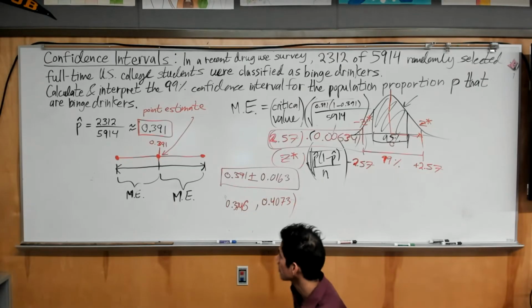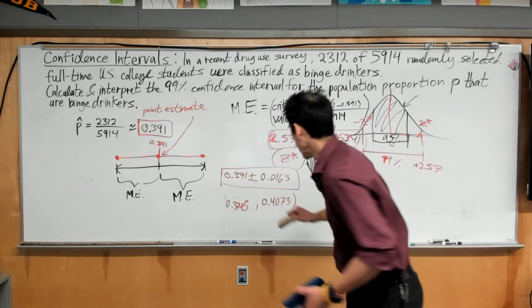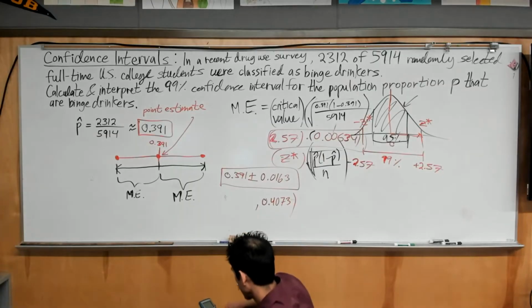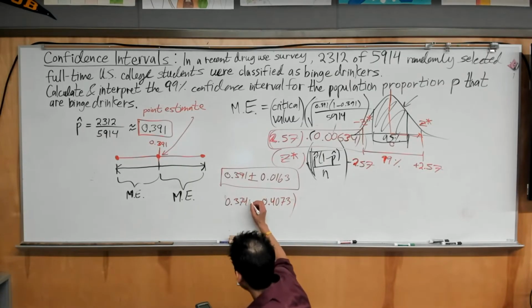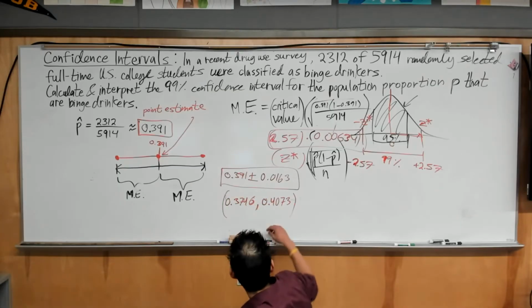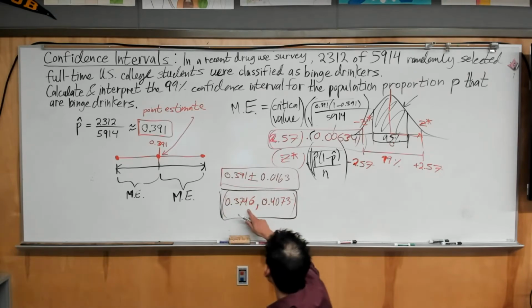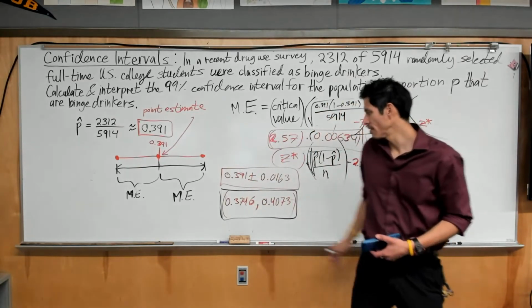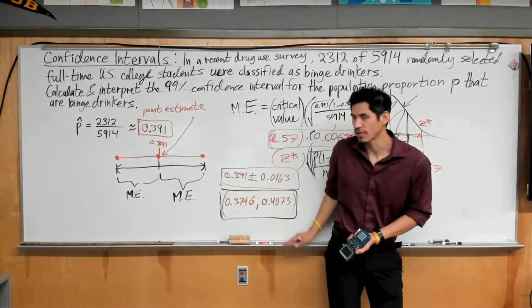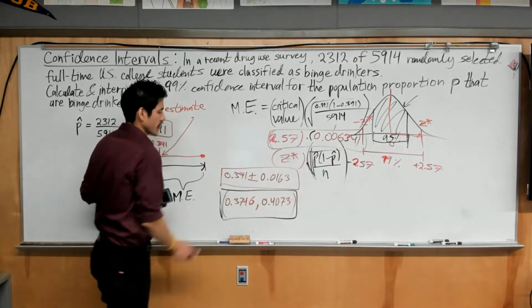I've got to do a better job of writing that. There we go. 0.3746. All right. So our confidence interval is this set of values, 0.3746 to 0.4073. So about 37.5% to 40.7% is what we think the true population proportion will be in.